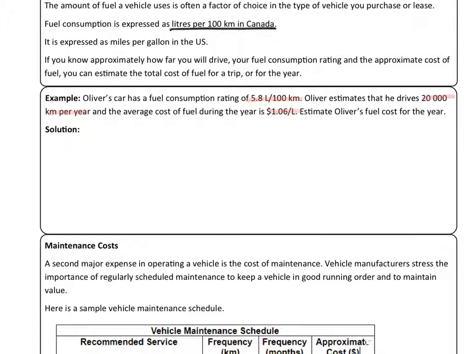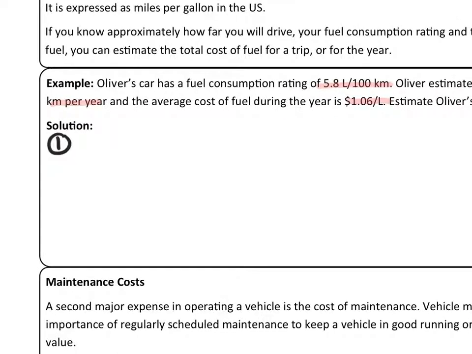So this is done in two steps. Step one, we're going to find out how much fuel. In order to find out how much it's going to cost, we have to know exactly how much fuel Oliver is going to use.